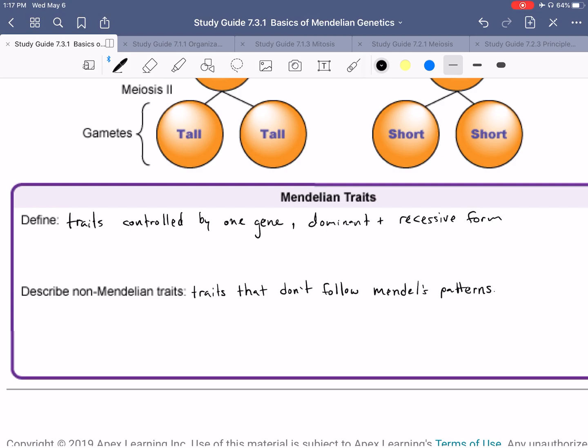Usually they have maybe more than one gene that controls them, or more than 2 forms, 2 alleles, or no clear dominant or recessive.